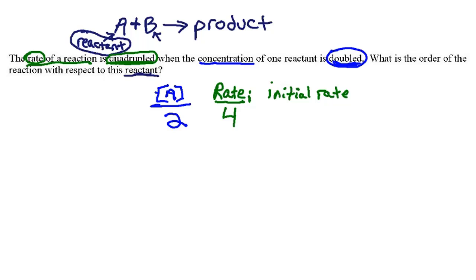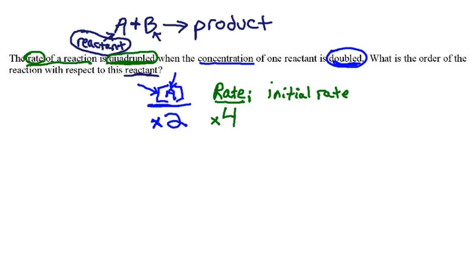So remember, these brackets mean concentration, and this A would be the reactant. So the concentration is doubled, it's times 2. But the rate of the reaction, it said, is quadrupled, so that's times 4.